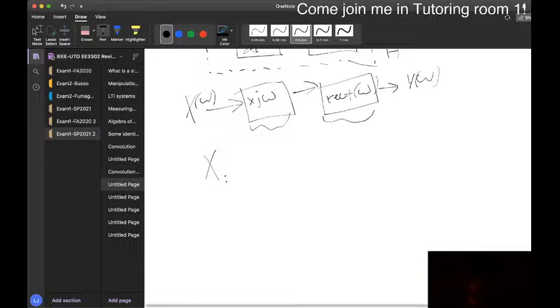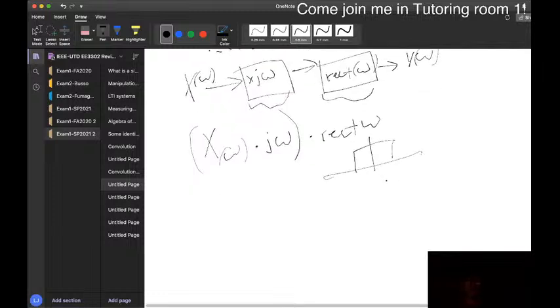So we get x of omega, and then we multiply it by j omega, because we're taking our derivative, and then we multiply it by a rectangle of omega.